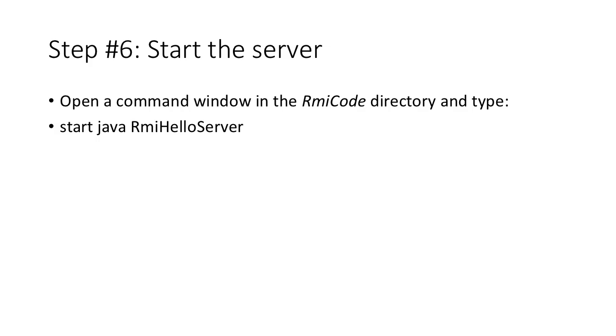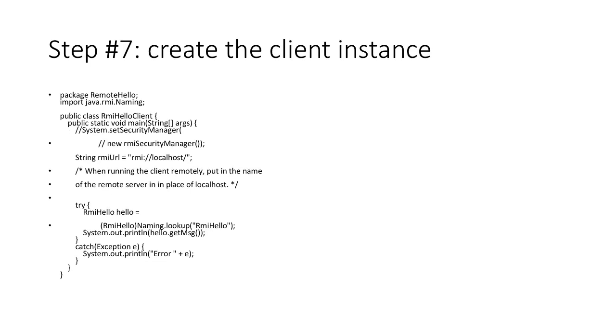Me personally, I prefer to do it through the IDE, but you can certainly do it through the directory where the RMI code can be found. And you're going to need to then create a client instance. And here we are looking up on the local host RMIHello. And then we'll proceed to do an invocation. Here it says hello.getMessage. That'll get us a message that says hello world, and then it will print it out.